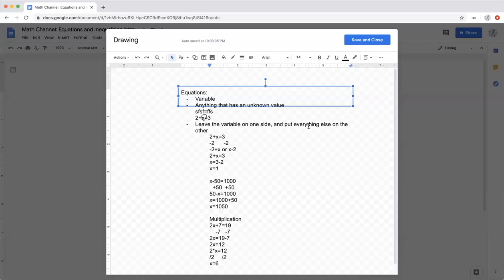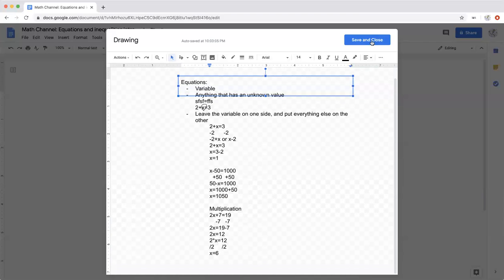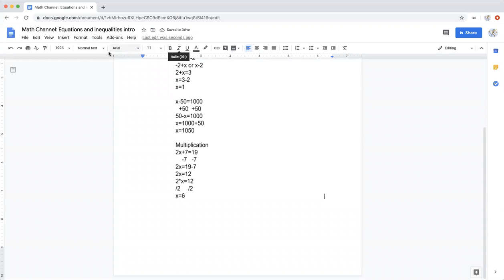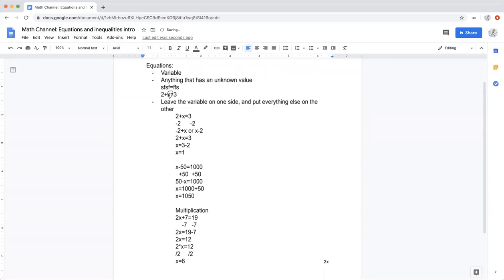Now, let's try the same thing with one last problem, but this time we will be using division. So, yeah, here we go. So let's use the problem 2x divided by 4 is equal, this is a little harder one, to 16.